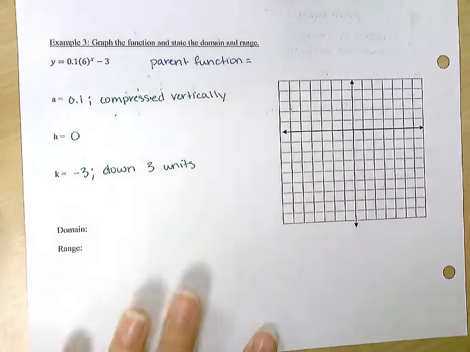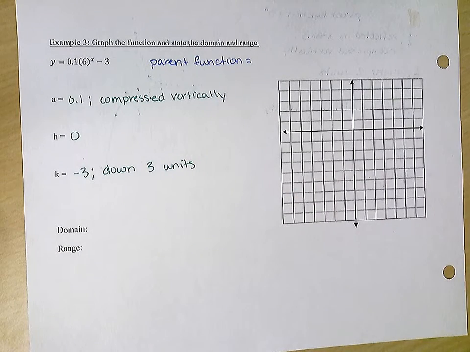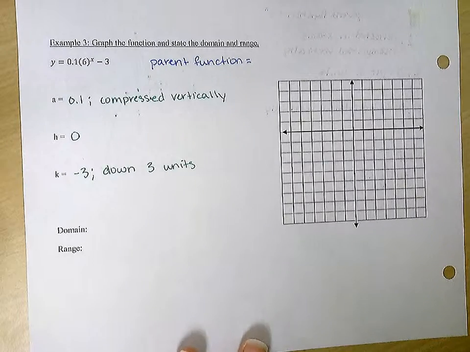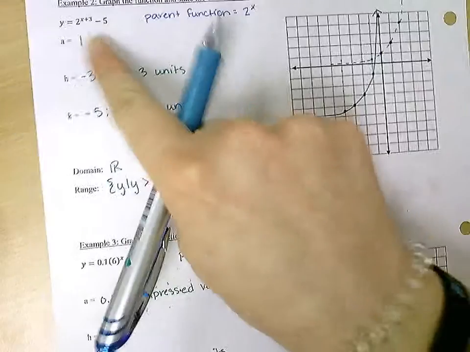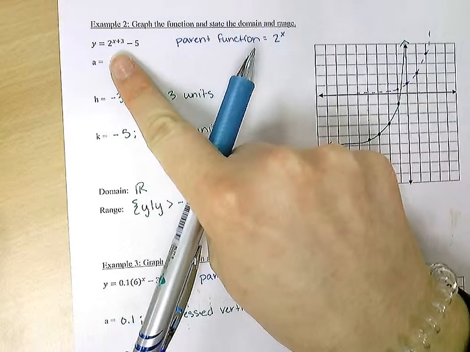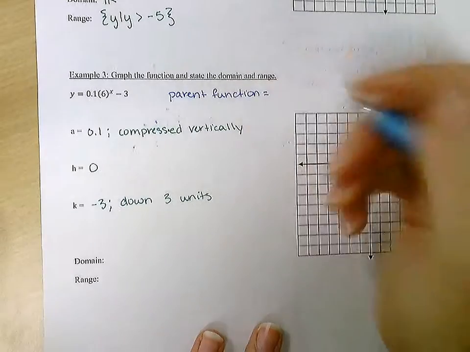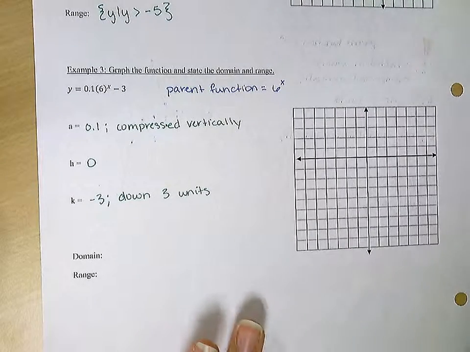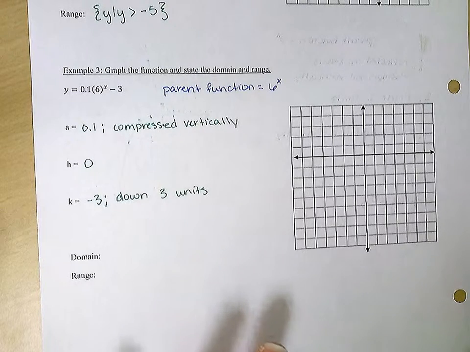What's our parent function? How was I figuring that out before? If our parent function here is 2 to the x power, what is our parent function here? 6 to the x power. Okay, I'm just going to do the 3 points.